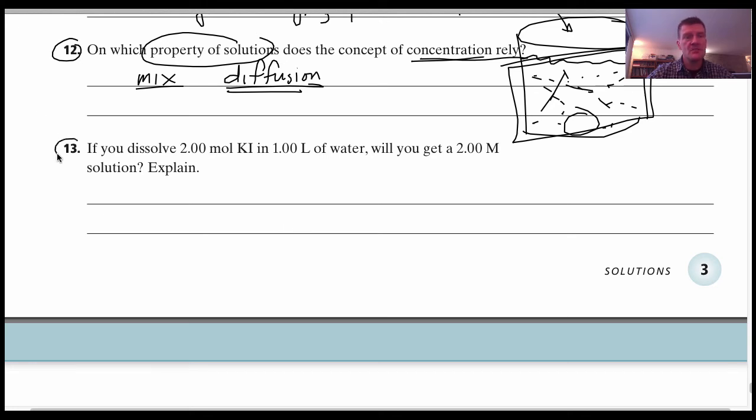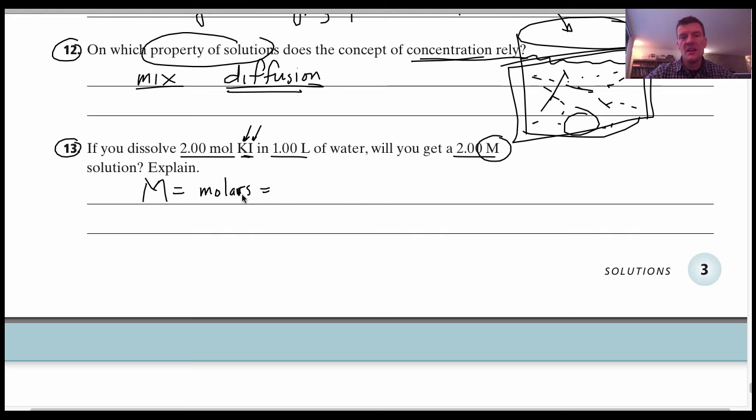Okay? So number 13 says if you dissolve 2 moles of, this is potassium iodide, in 1 liter of water, will you get a 2 molar solution? Well, let's remind ourselves this capital M means molar. That's molar, and that's the unit anyways. A molar is the unit for molarity.